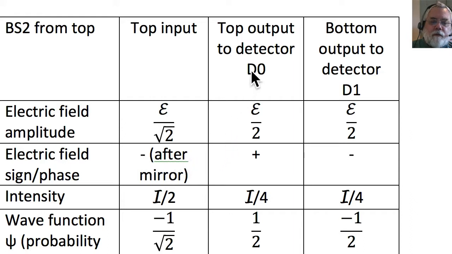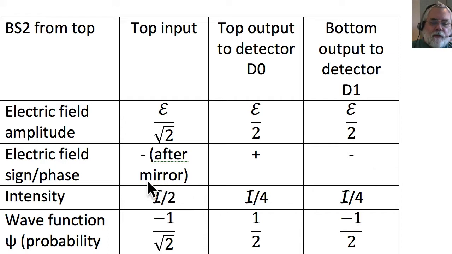And that negative gets inverted again when it gets reflected off the half-silvered top face of beam splitter 2. So the sign or phase is positive heading toward detector D0, but it is unchanged heading in the transmitted path to detector D1, so it's negative in the path to D1.